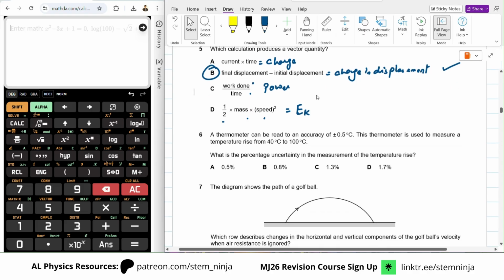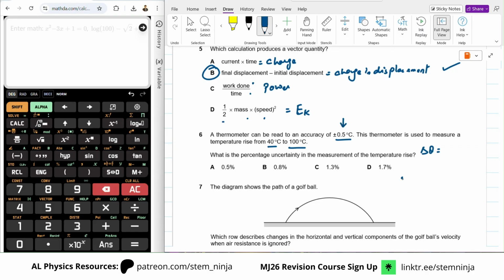A thermometer can be read to an accuracy of plus minus 0.5 degrees Celsius. A thermometer is used to measure a temperature rise from 40 degrees to 100 degrees Celsius. What is the percentage uncertainty in the measurement of the temperature rise? Okay, so the temperature rise is basically theta 2 minus theta 1.